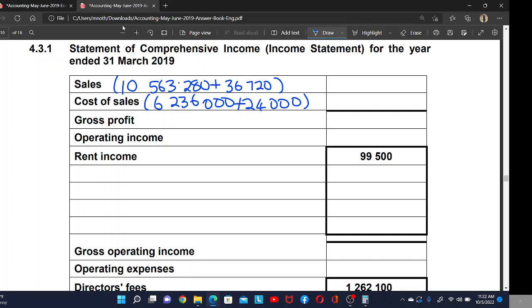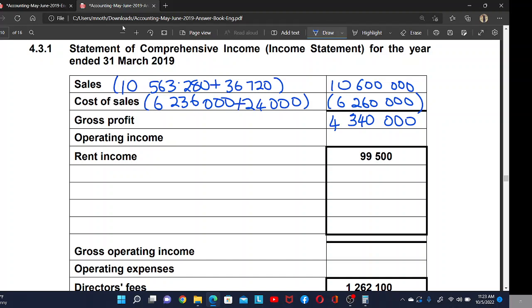So plus 24,000. If we add these two, we are going to get 10,600,000. Then if we add these two, we are going to get 6,260,000, which is going to get us 4,340,000.